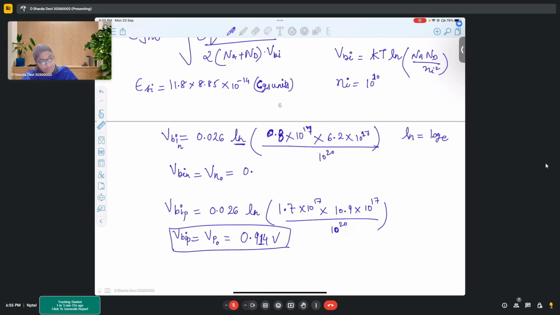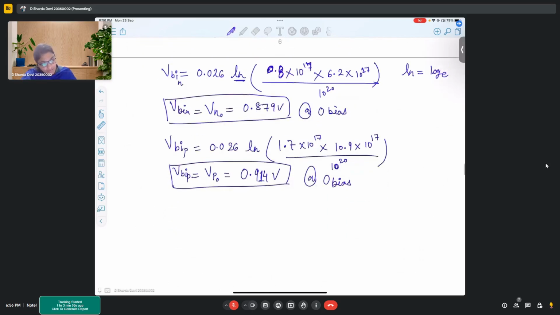Okay, so you people can find out it is 0.879 volts for NMOS. This is at zero bias. This is also at zero bias.